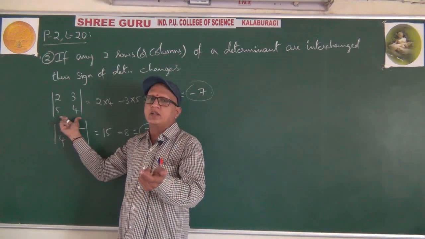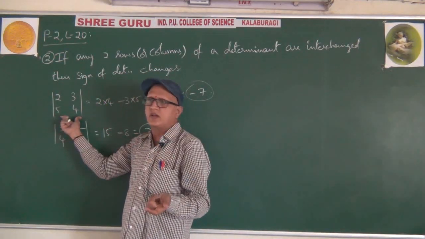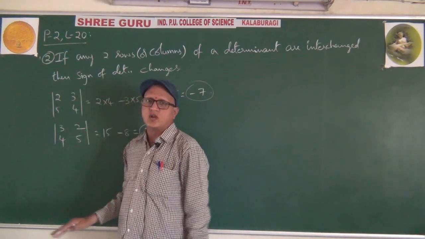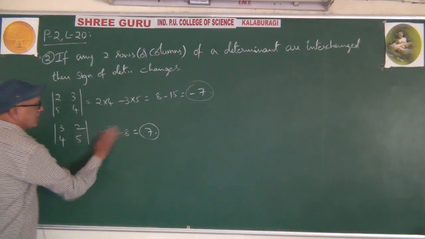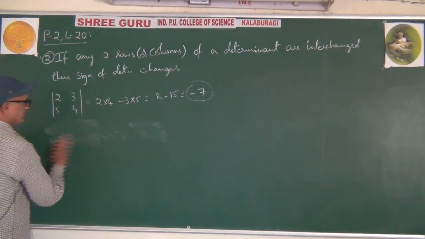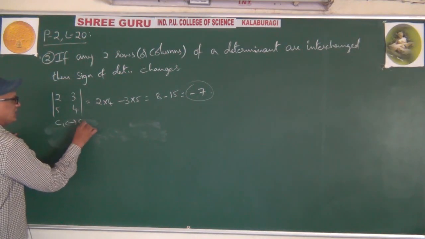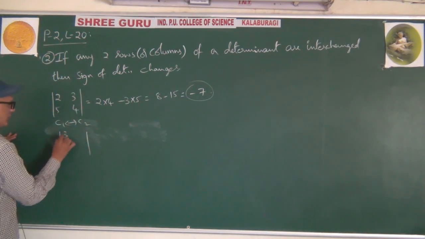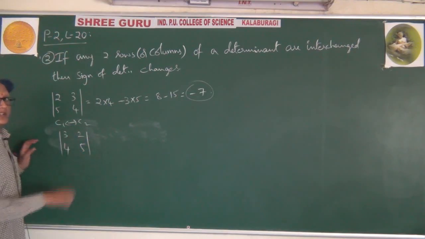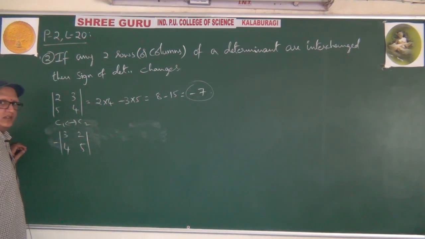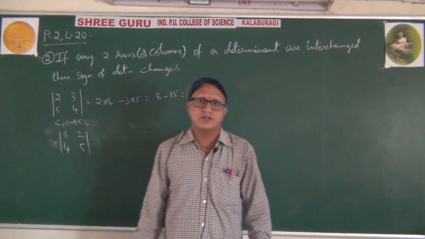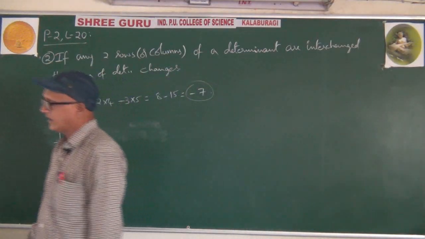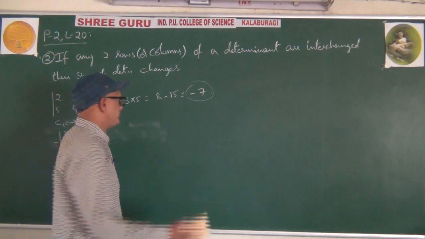As per your requirement, you want to interchange 2 columns. If you want to interchange 2 columns, what do you have to write? In the next step you have to write like this. C1 and C2 we are interchanging, 3, 4, 2, 5. If you interchange, a negative sign will come, or the sign changes. So you have to write like this. Okay? If you interchange any 2 rows or any 2 columns while solving a question.